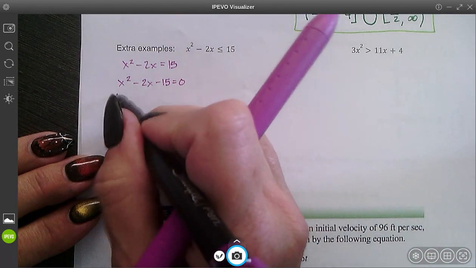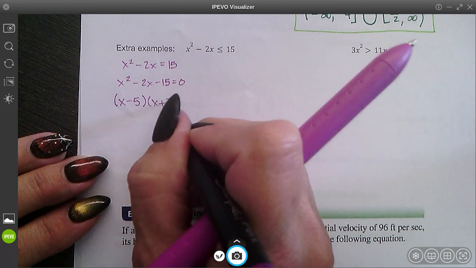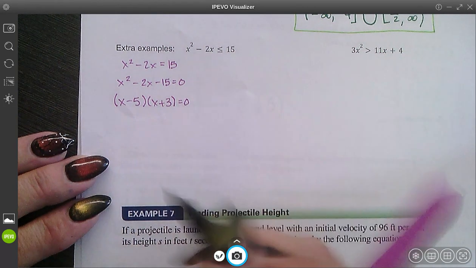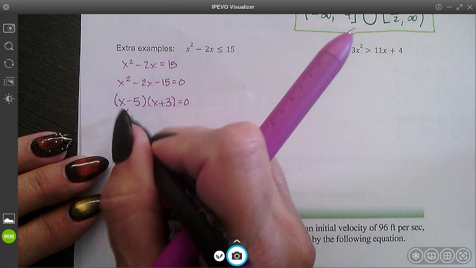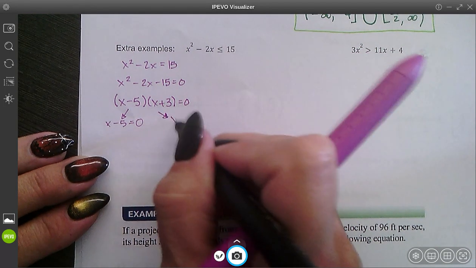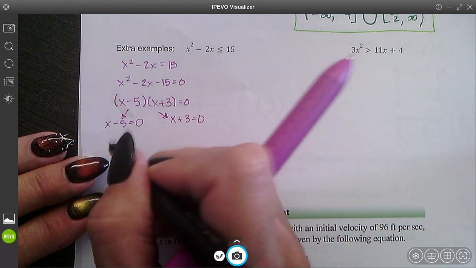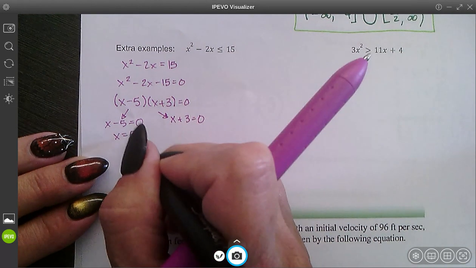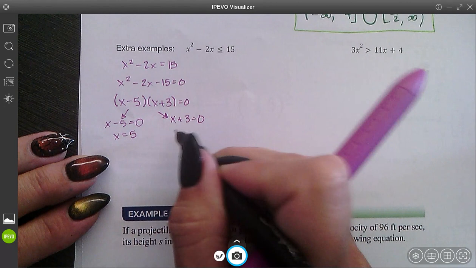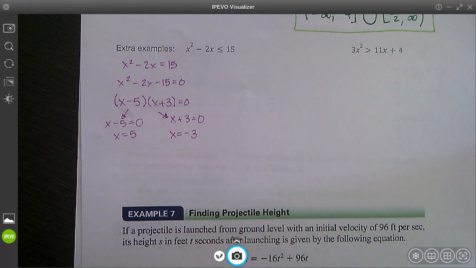When I factor it, that is x minus 5 times x plus 3. So I will set each parenthesis equal to 0. Which gives me two critical values. X equals 5 is one of them. X equals negative 3 is the other.